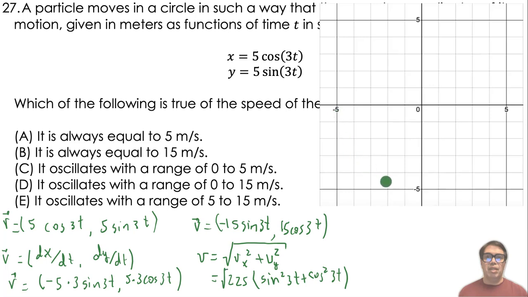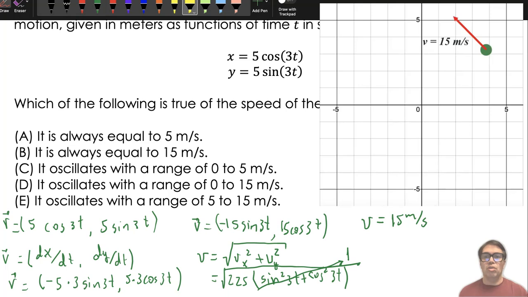And that parenthesis, of course, is equal to 1. So your speed should be 15 meters per second, and that is option B.